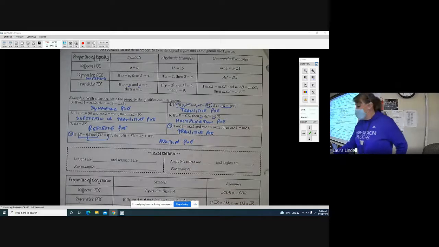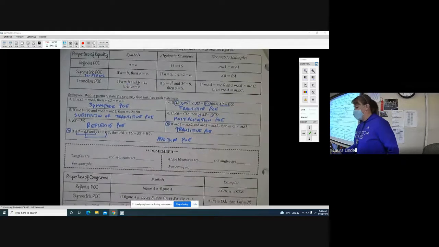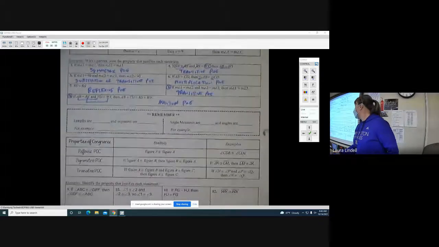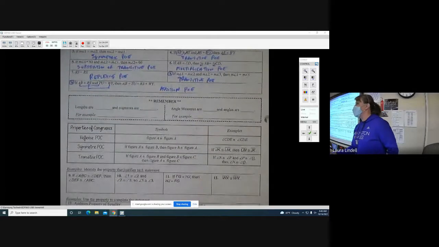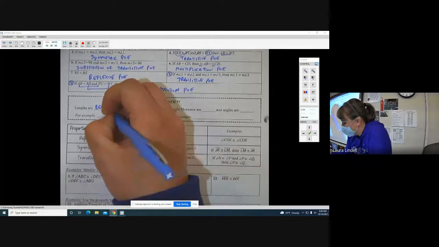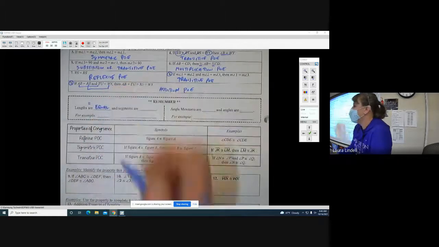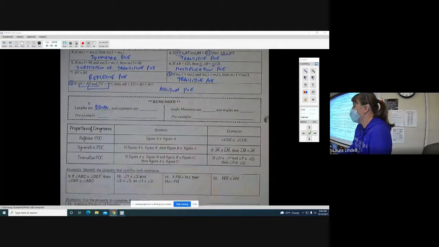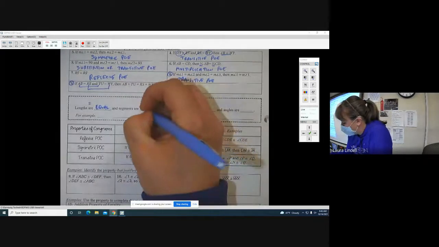All right. So along with this, we also have properties of congruence, and they're the same properties, but we have to remember something. Lengths are equal to each other. So like the length of segment AB and the length of segment CD, those can be equal. But segments are congruent to each other.